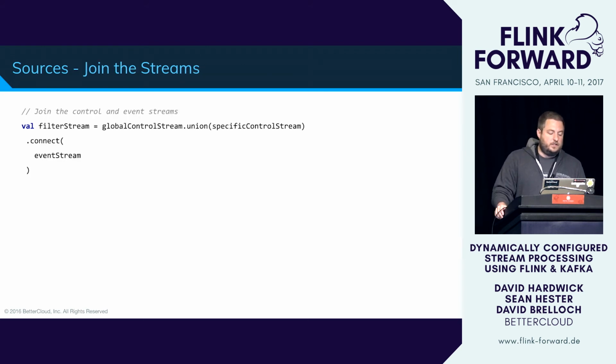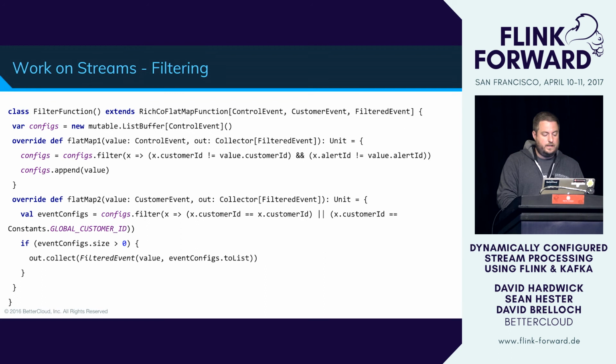So what does it look like to join it all together? We take the global control stream and union it with the specific control stream and then connect the event stream to that. You can probably guess that means it's going into a co-flat map. In flat map 1, all we're doing is keeping a list of the configs, the control events that have been sent in.